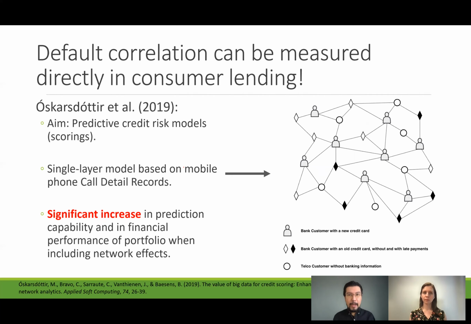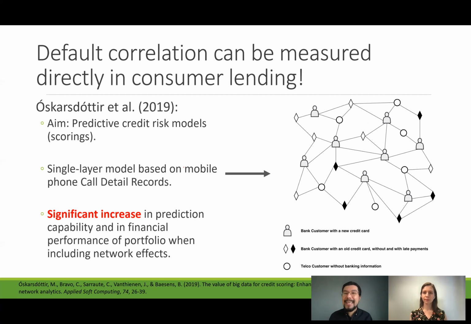We already have a paper, again with Dr. Óskarsdóttir, in 2019, where we wanted to see whether risk, measured from grade scorings, was actually influenced by the effects of other defaults occurring in the network. This was a single layer model because that was determined from call detail records. So people called, that way we knew they were related somehow, and then we also measured credit risk there.